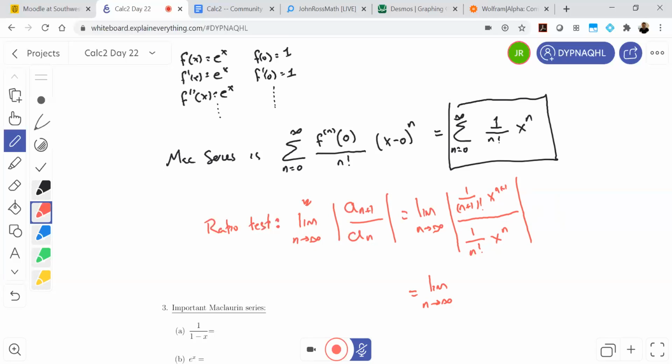We get n factorial over n plus 1 factorial times x to the n plus 1 over x to the n.